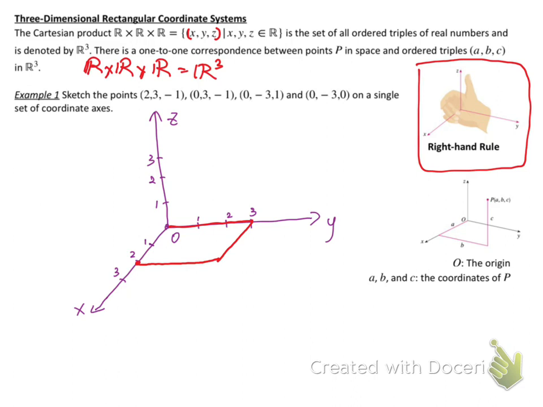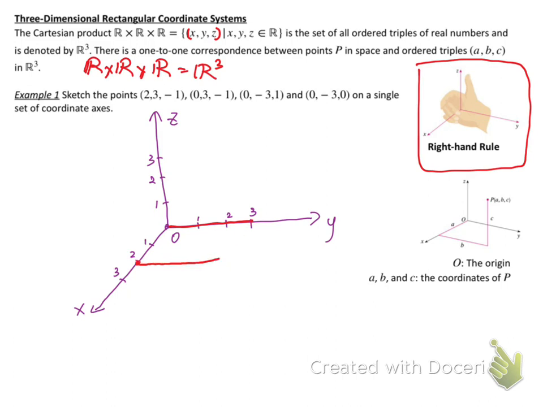If you don't have a scale to measure the same length as from the origin to 3, the 3 units to the right, you can make a little parallelogram from x equals 2 and y equals 3, and then they will meet somewhere, and that's your point.